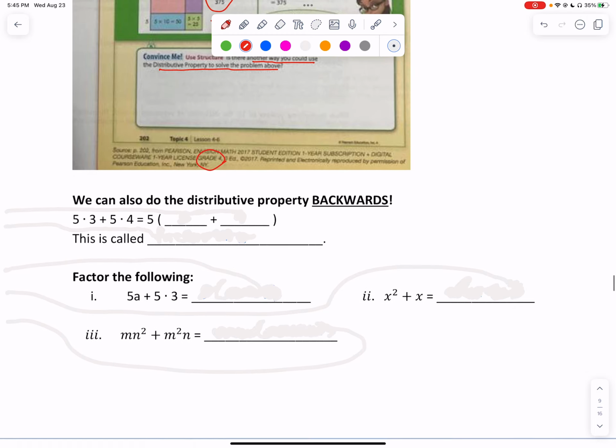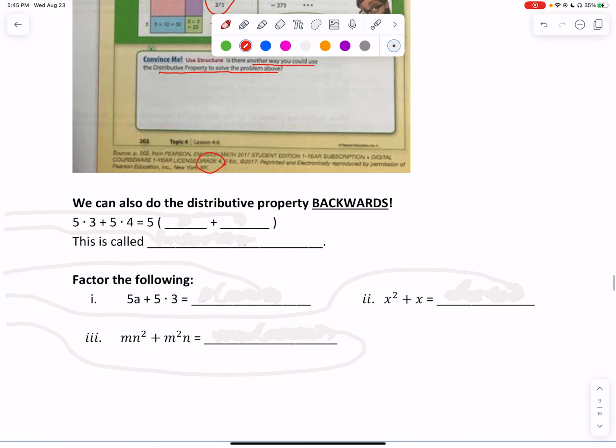All right. You could also do that distributive property backwards. So if you notice, you have a 5 here and a 5 here. I'm just going to take the 5 out, and then I've got these guys left over, 3 and 4, and that stays in the middle. Do you remember what that's called? Everybody's favorite math word, factoring.